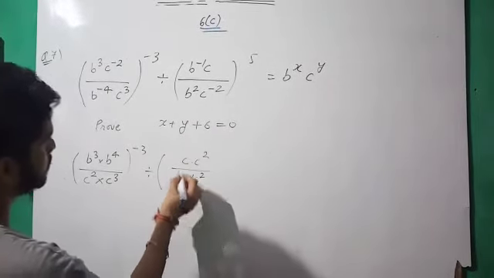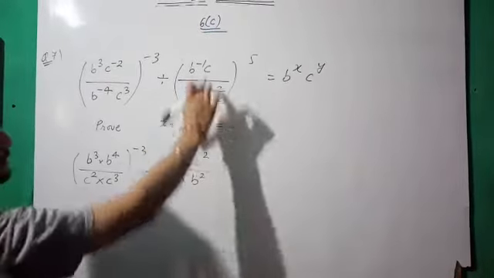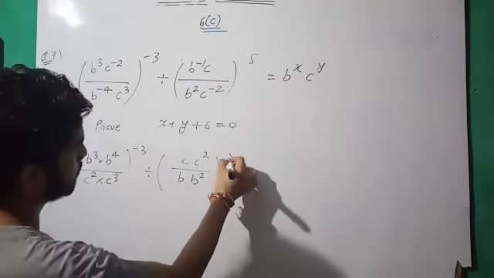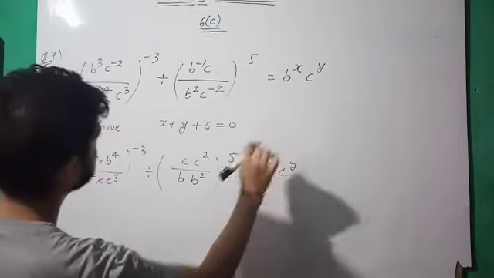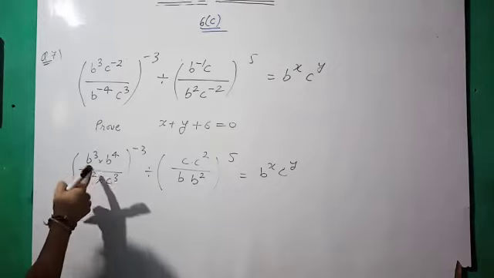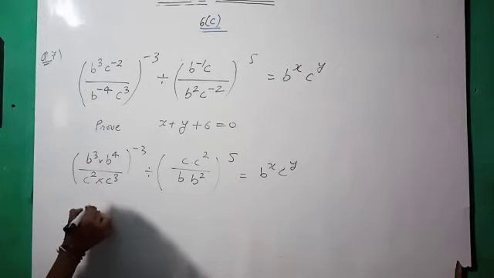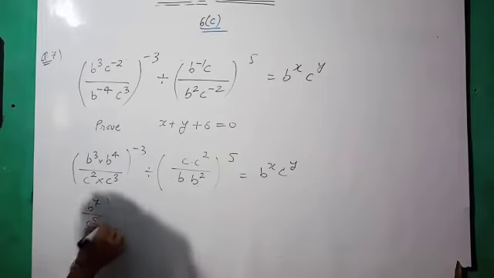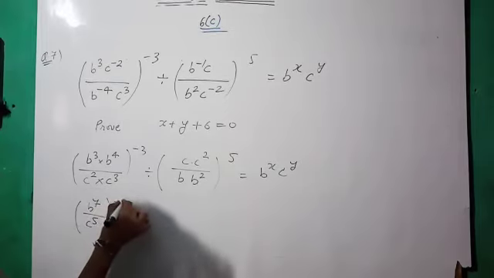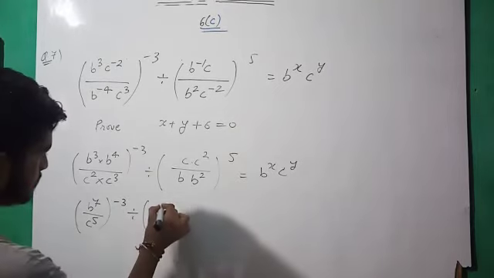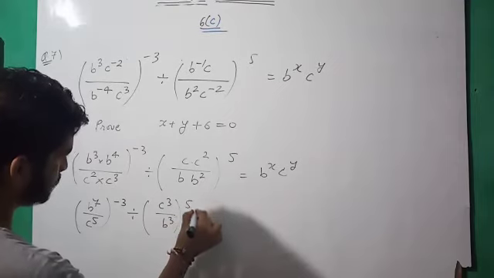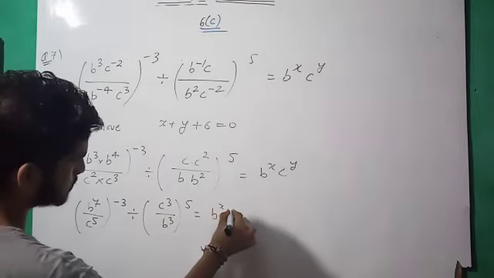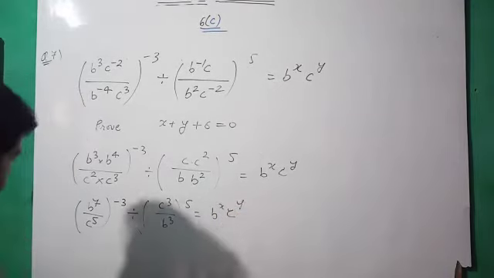Yes or no? b square c to the power 2 whole power 5 equals b to the power x and c to the power y. Similar to question number 6. b to the power 3 plus 4 is 7, c to the power 5, whole to the power minus 3, divided by c cube upon b cube whole to the power 5, equals b to the power x and c to the power y.